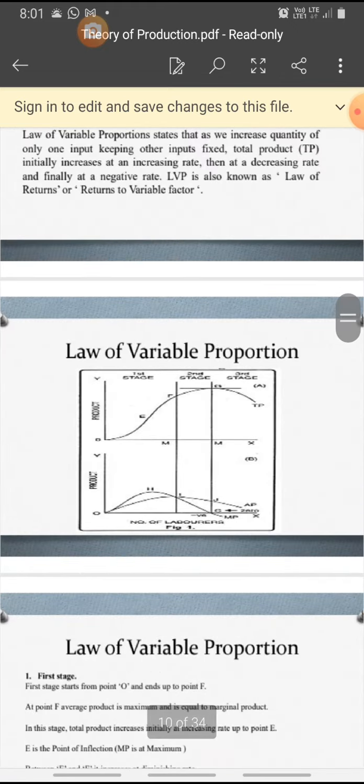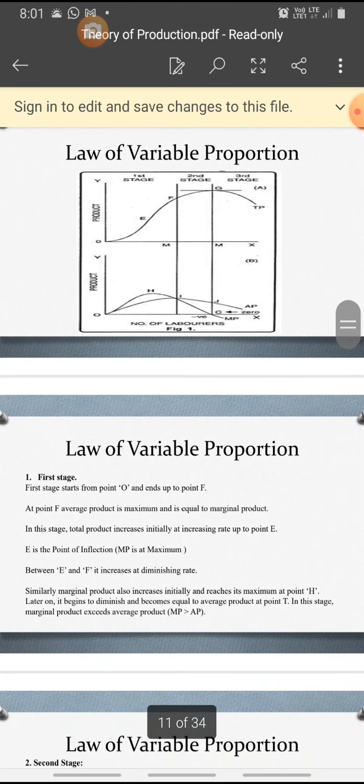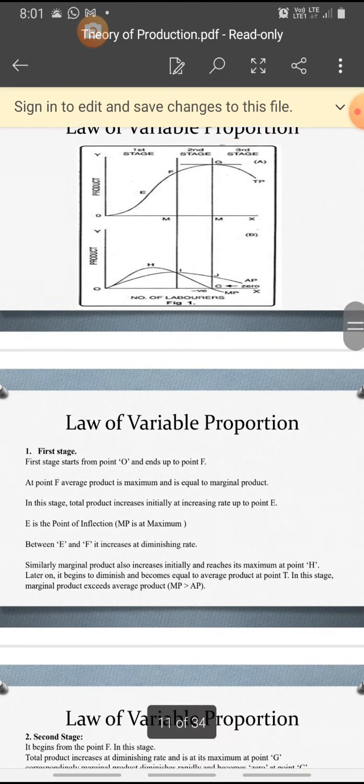This is the relationship between total product, average product and marginal product.